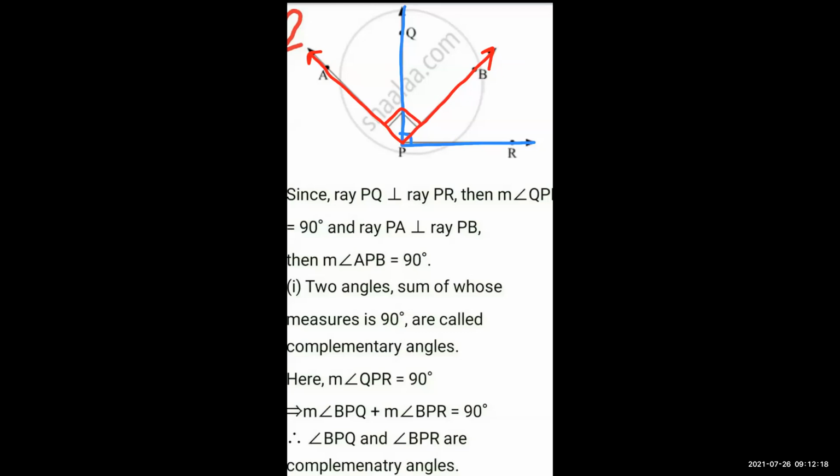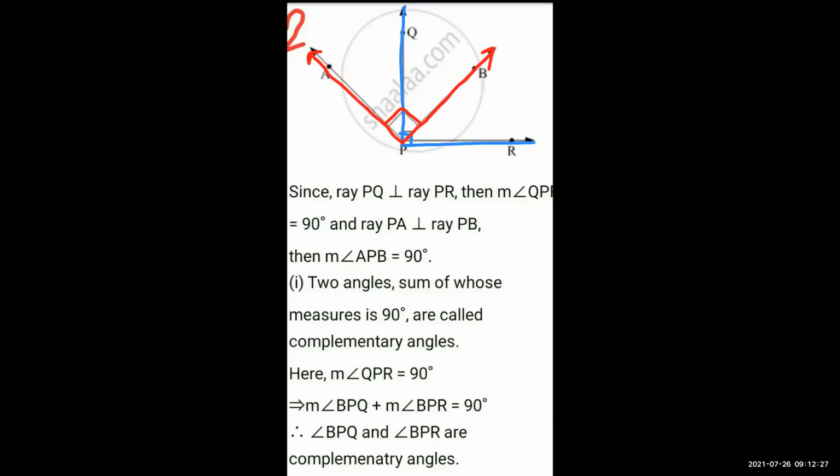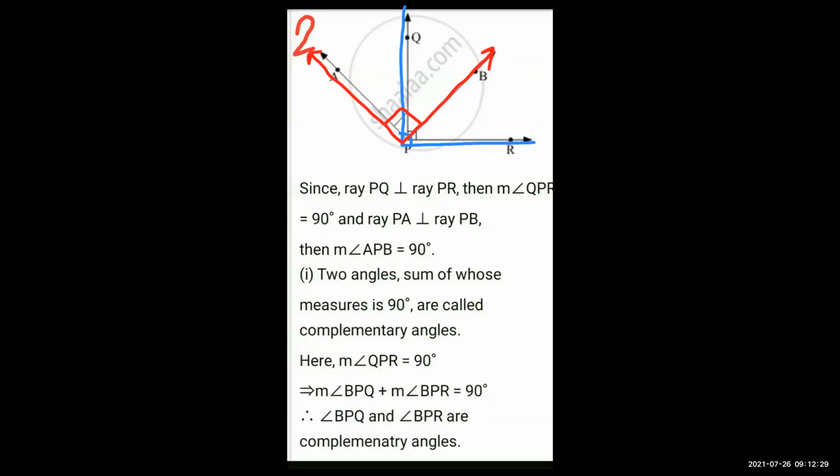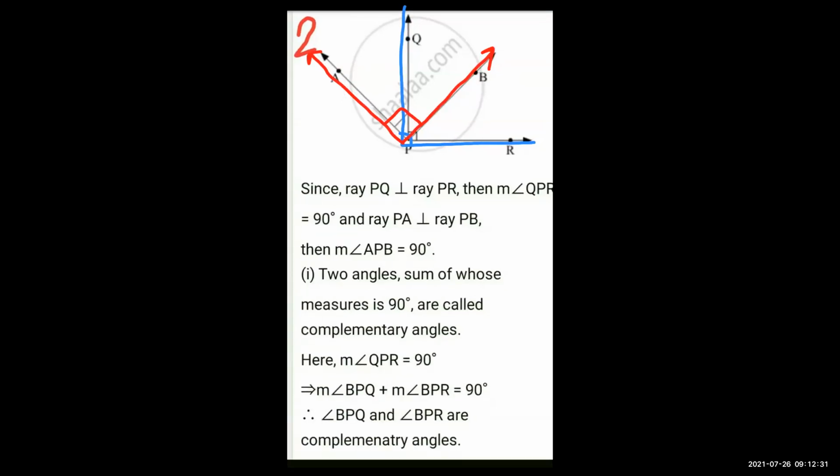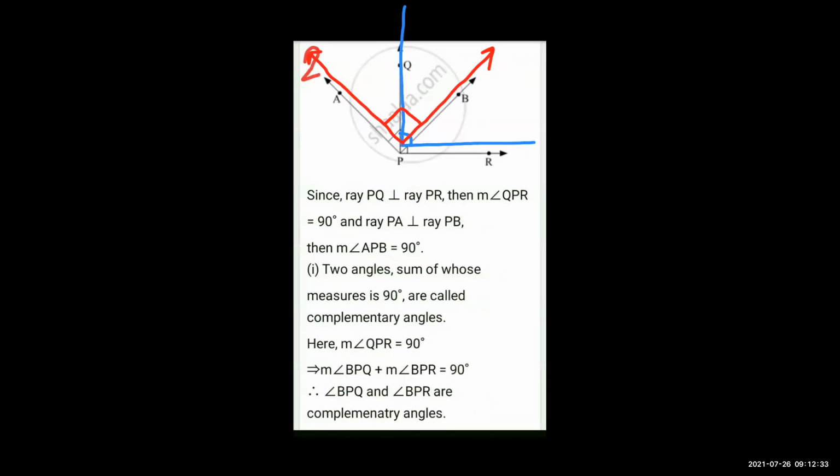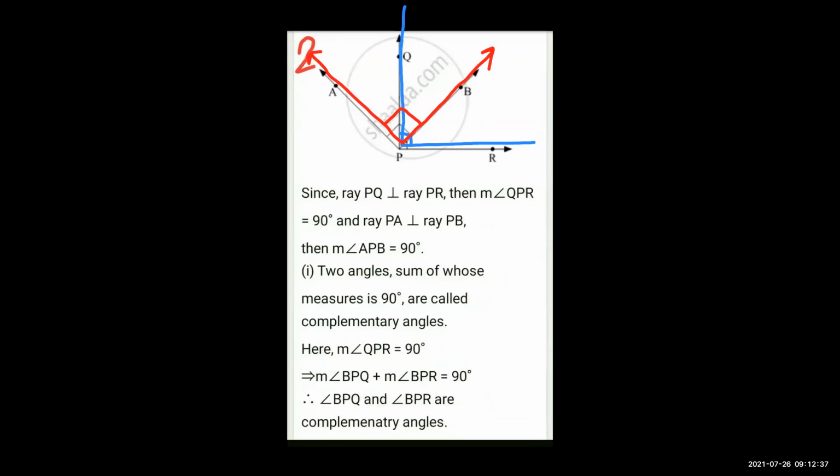Okay. Now what do we have to write? A pair of complementary angles. Complementary angles means angles which measure 90 degrees together.